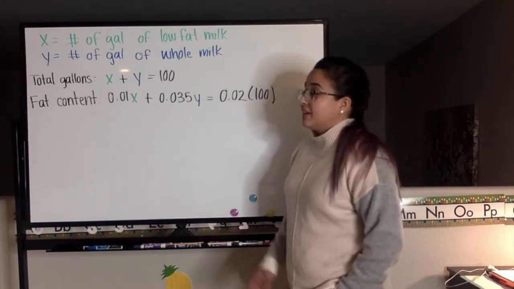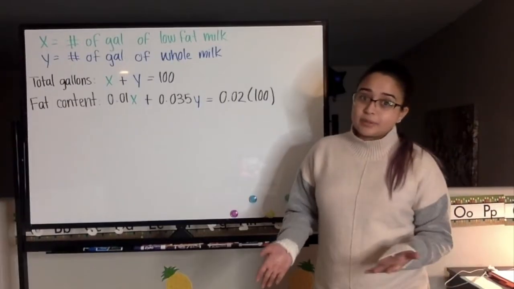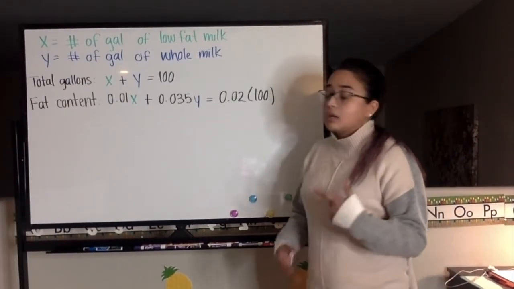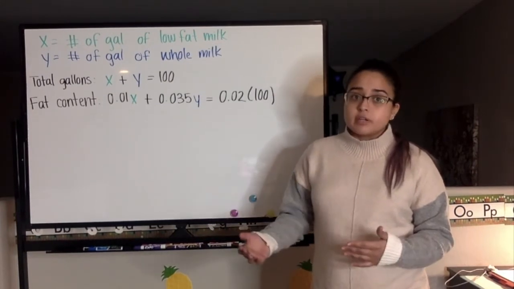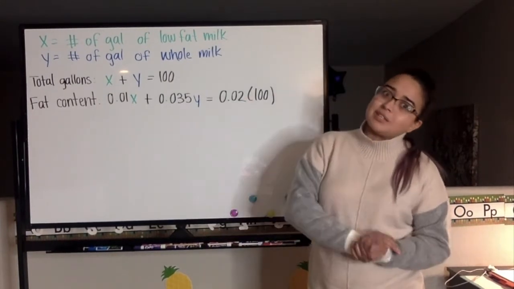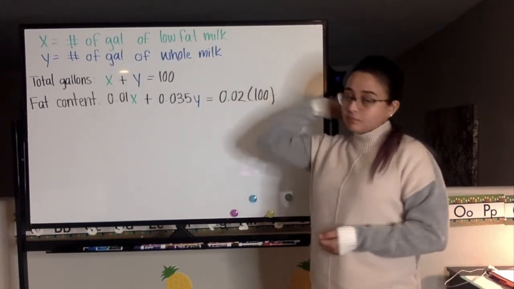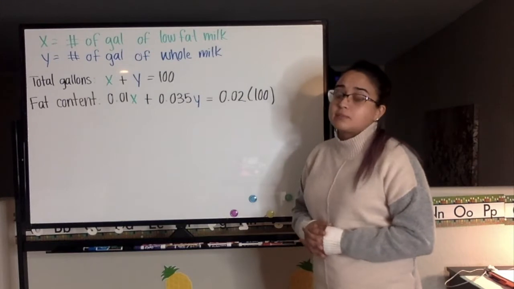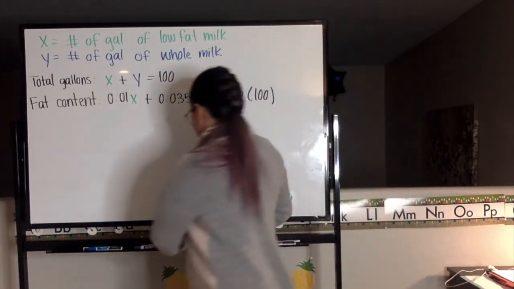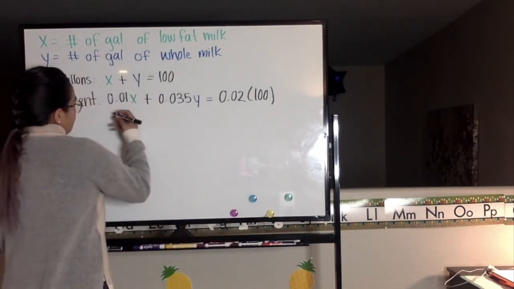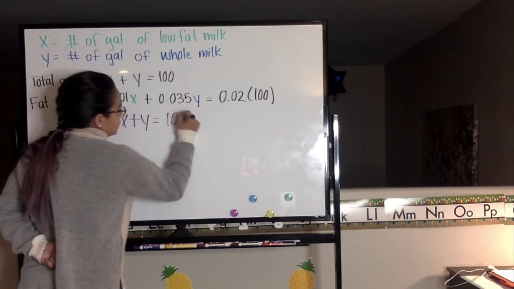Okay, now let's go into our following steps. The next step is that we're going to take the equation and solve for one of our variables, so then we can substitute it into the other equation. In this case, we're going to take X plus Y equals 100.